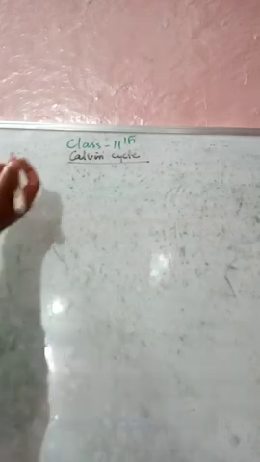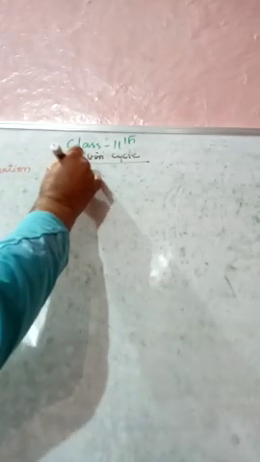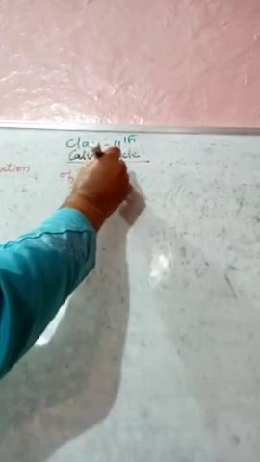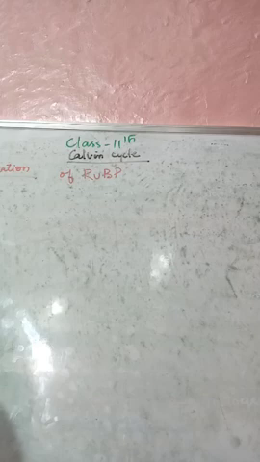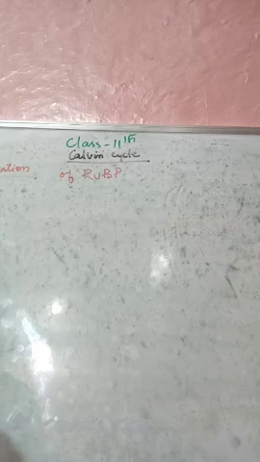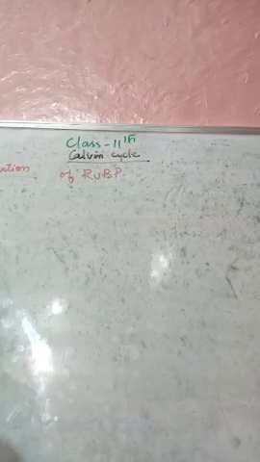Now, what is this regeneration? It is simply the regeneration of RuBP, ribulose 1,5-bisphosphate, or simply ribulose bisphosphate. In the second step, that is the reduction step, we saw that fructose 6-phosphate is formed.